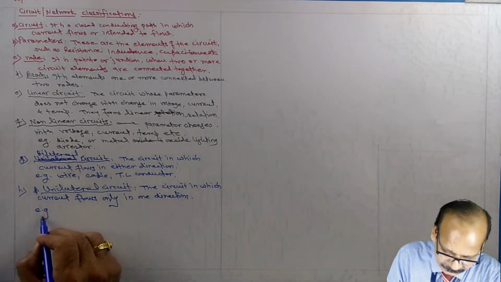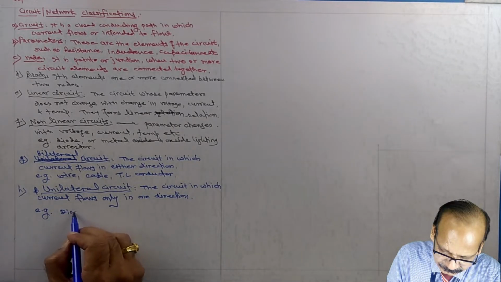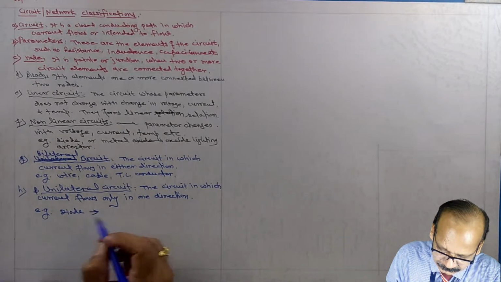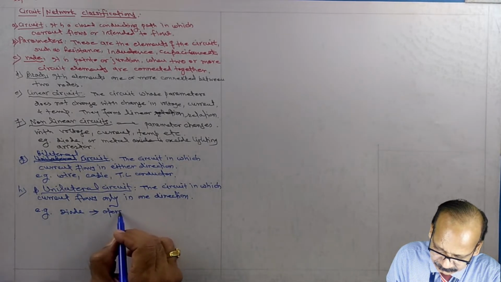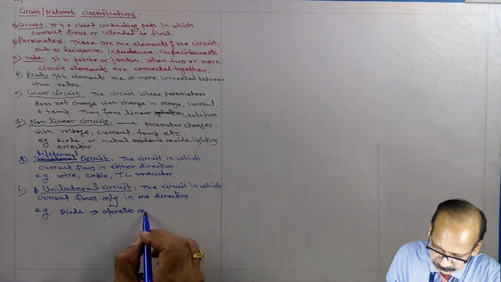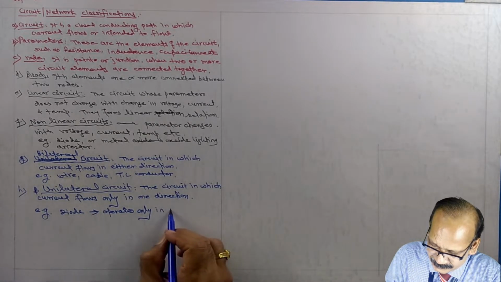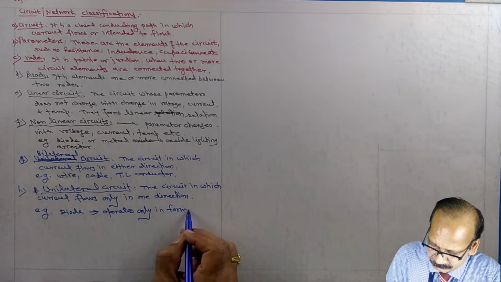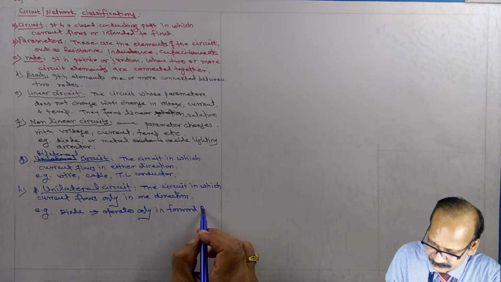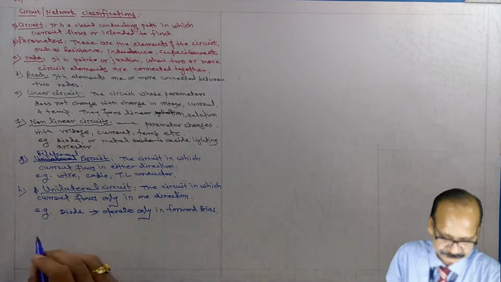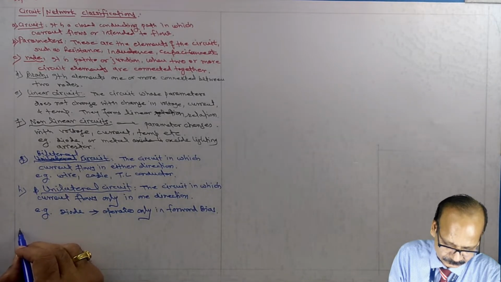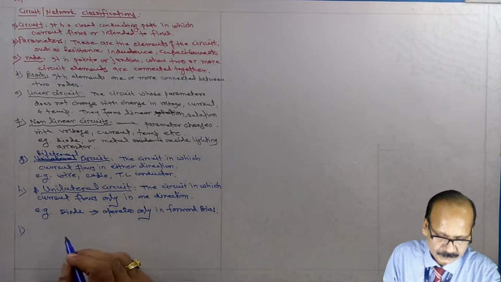For example, a diode operates only in the forward direction, forward bias. Okay.